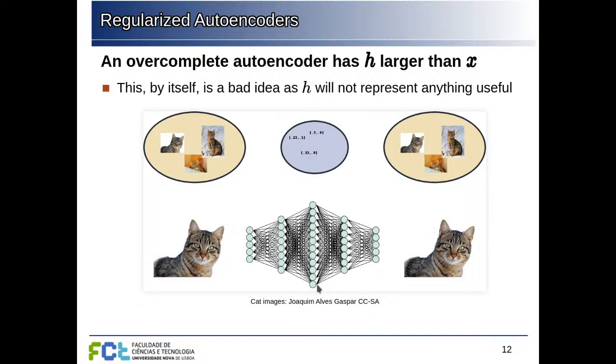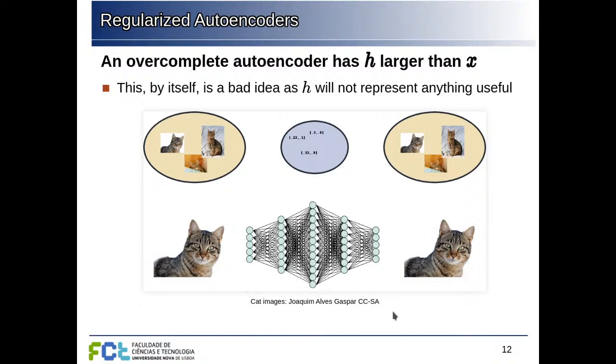But we can constrain the representation by adjusting the way the model is trained. That is, to use regularization. So these are regularized autoencoders that we are going to train with some specific regularization, so that the hidden representation that we are interested in is useful for some purpose.